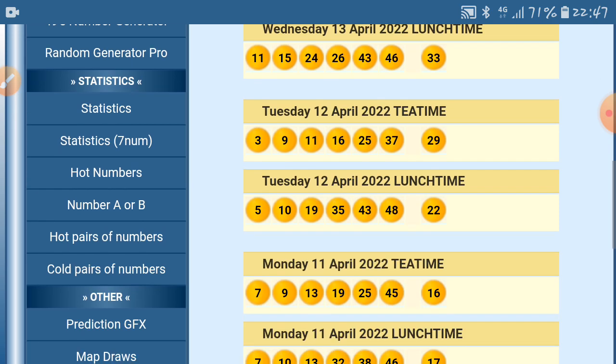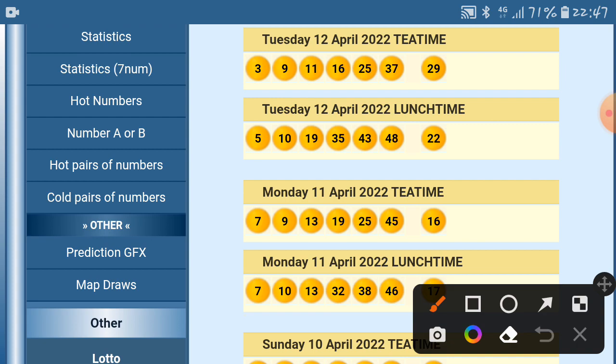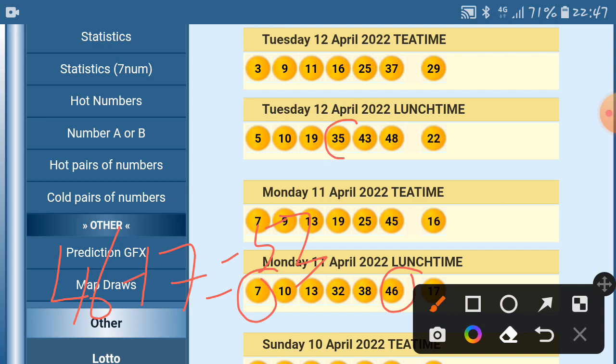Starting from 46, there is 46 and a 7, right? 46 plus 7 equals 53. 53 is 35.